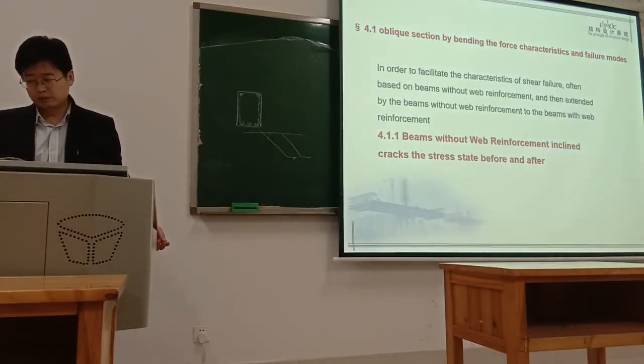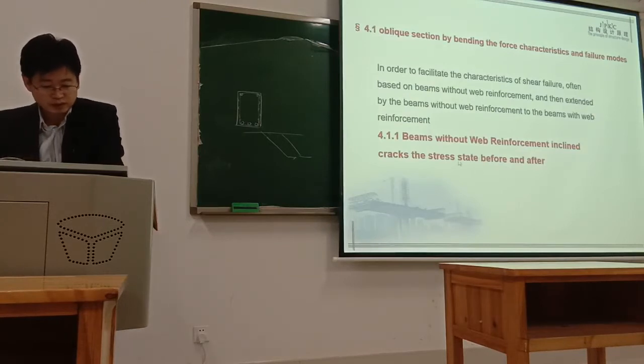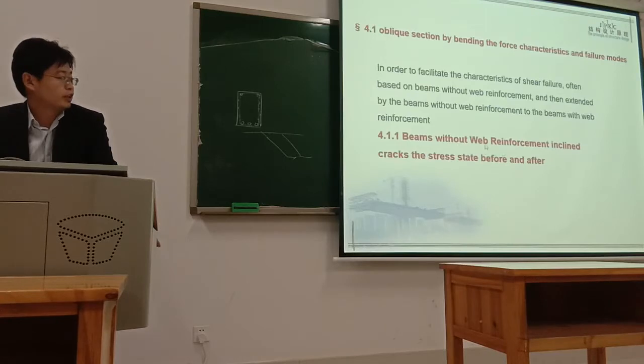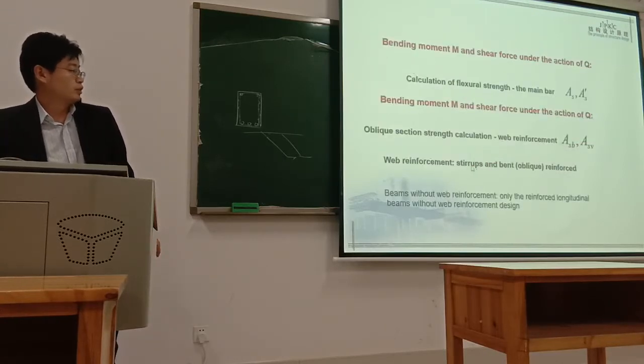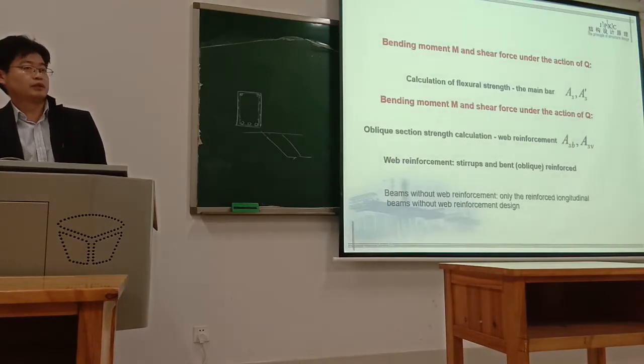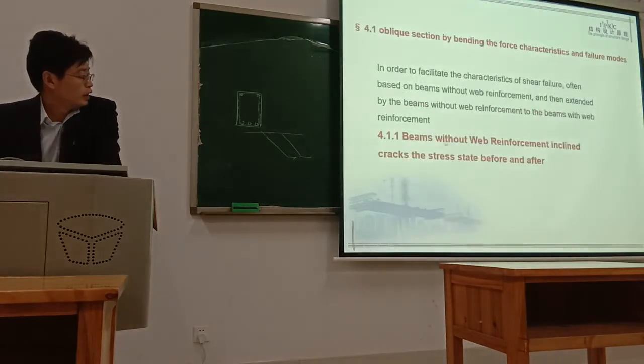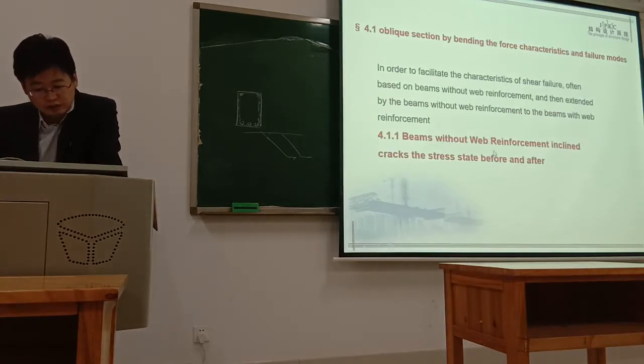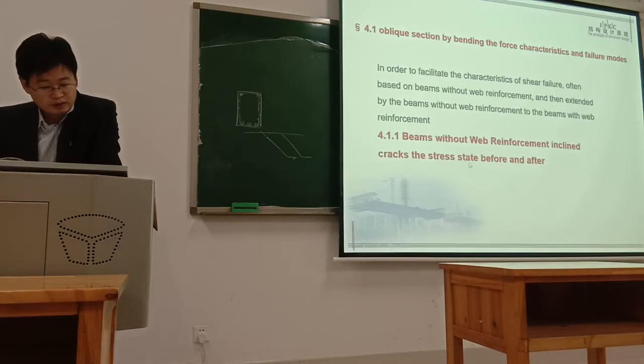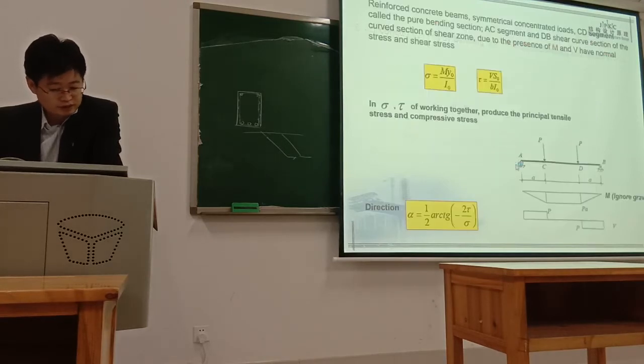So we see a beam without web reinforcement. Here the web reinforcement mainly refers to the stirrup and the bent-up or oblique reinforcement. So we see, in this situation without web reinforcement, the stress state before and after inclined cracking.